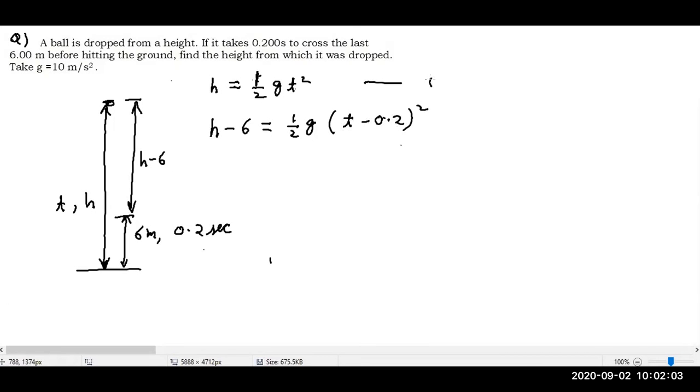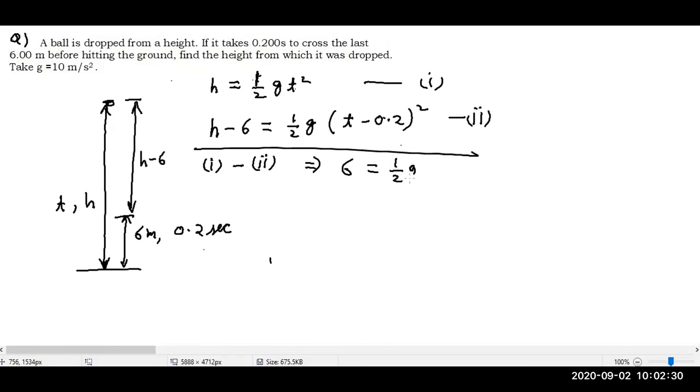Now we are going to solve these two equations. How to solve these two equations? Either we can find the time or we can find the height. It is better to solve for time first, because if you subtract equation 2 from equation 1, you are going to have 6 equal to half g t square minus half g into (t minus 0.2) square.